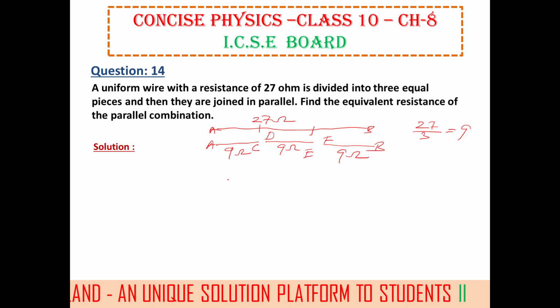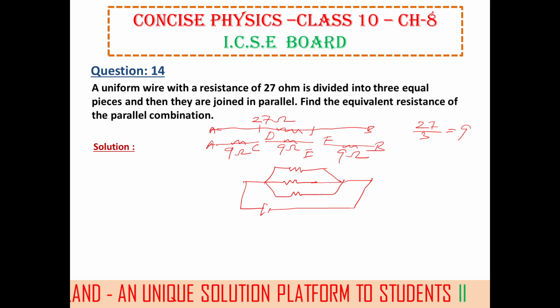So if I now join this in parallel, it will be like this. And parallel connections. Here you can show this wire with a resistor symbol also, no matter. So this is like this.